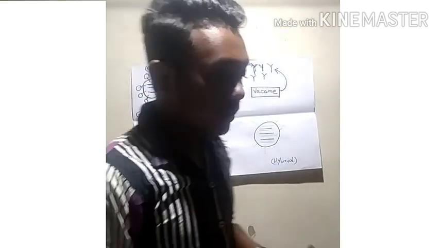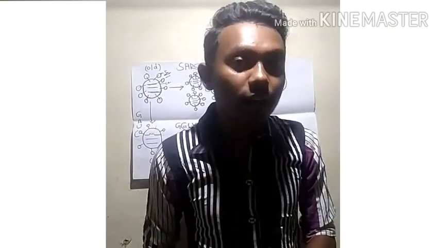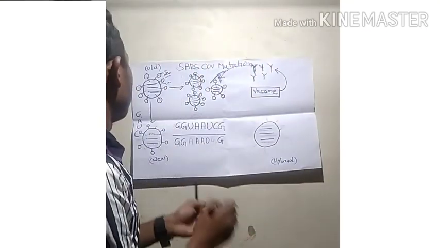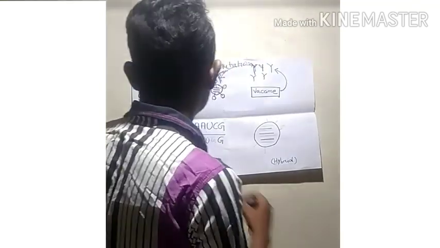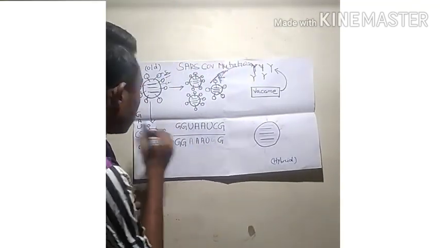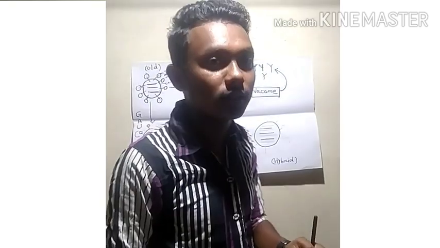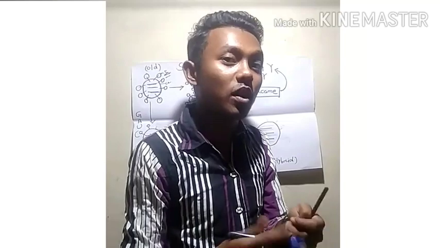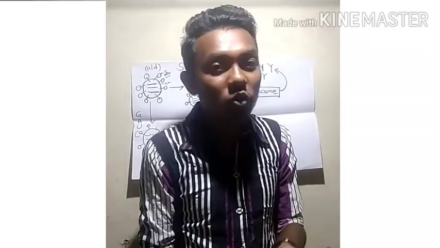Now, what are we seeing in the new strain of the virus? We are seeing that the virus particles have changed. So how does the change occur in the new strain?